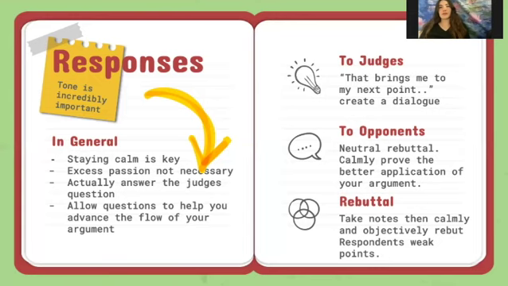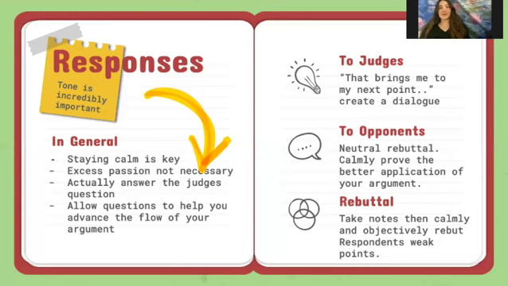Actually answer the question that the judge asks you. You cannot avoid a question. I have said this before, but if you avoid a question or don't answer it in the way that the justice wants, they will just ask you again, and that will indicate to the other judges that they didn't get the answer that they wanted, and so the other judges will dock you points, and not just the one judge who asked the question that you didn't truly answer.